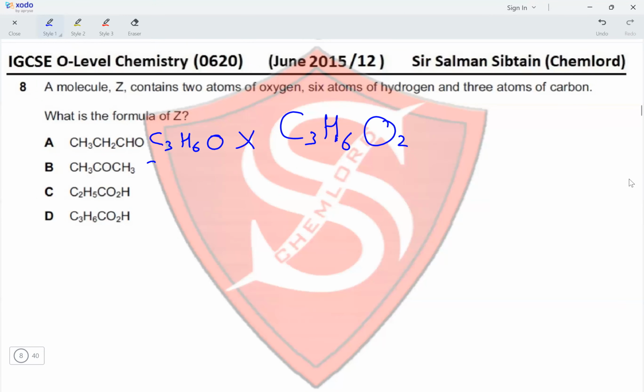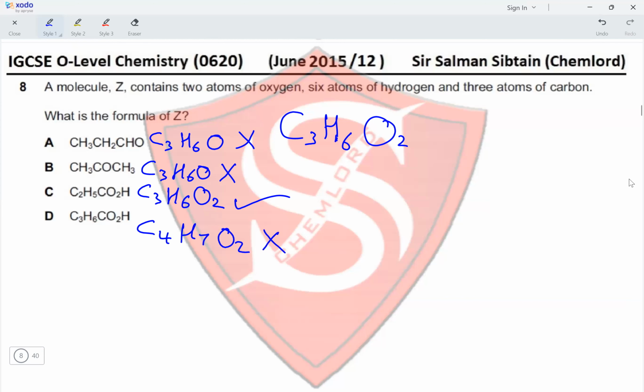For B, it would be C3H6O. Again incorrect. For C, it would be C3H6O2, which is correct. And for D, it would be C4H7O2, which is also incorrect. Therefore, option C is the correct option for this question.